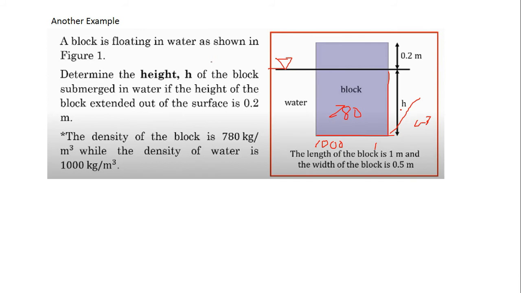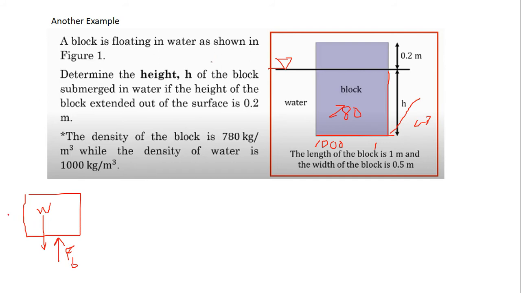Okay. How can we do this? I try to show you how we can do this. Same as before, we draw your FBD. You have the weight going down, and you will have the buoyant force FB.